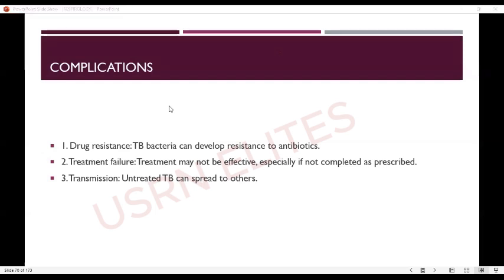You are taking a drug for 6 to 12 months. Just imagine, sometimes you can even forget that you are taking some drug. So those lapses will not give us an accurate treatment and can lead to treatment failure. Then lastly, transmission. Untreated TB can spread to others and to the entire body.